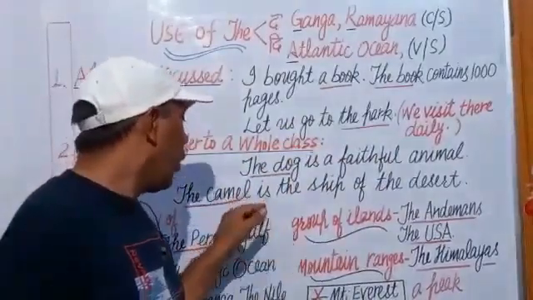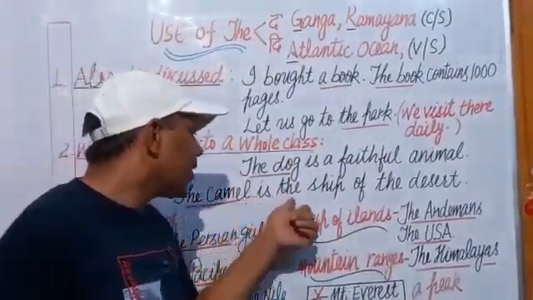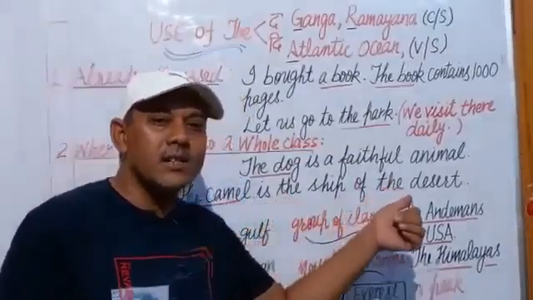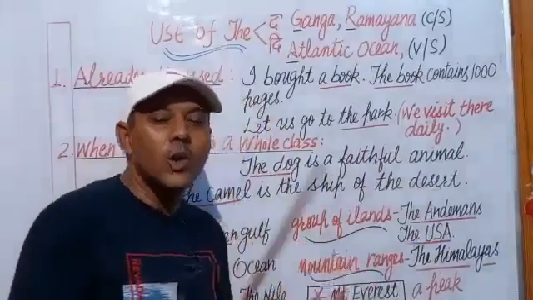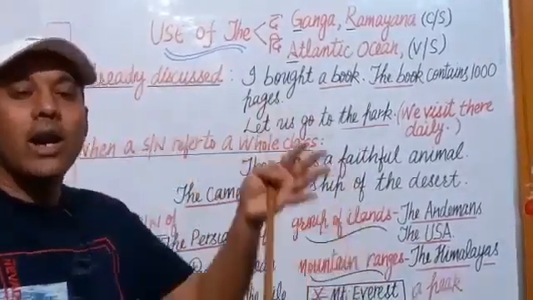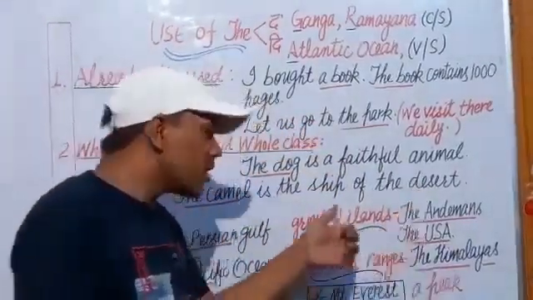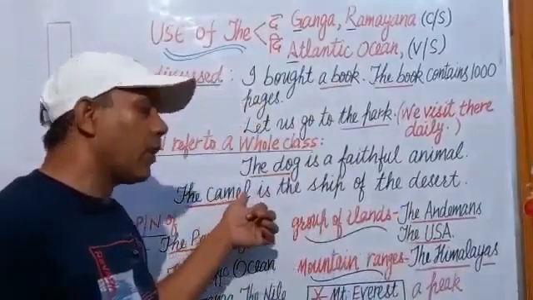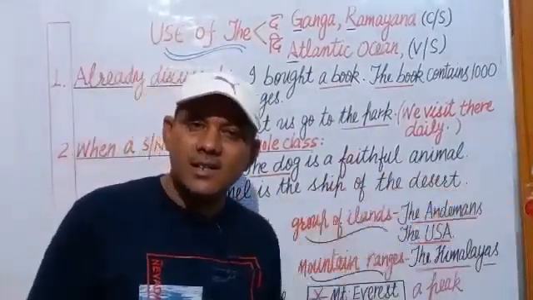Or I can say all the camels. The camel, it is the ship of the desert. Here the ship and desert also refer to all ships and all the deserts. That's why we use the before camel, ship and desert in this sentence.